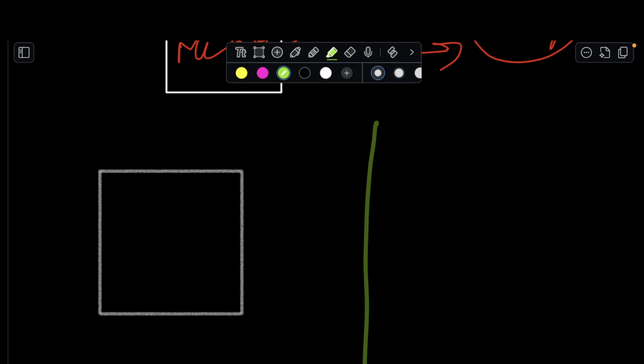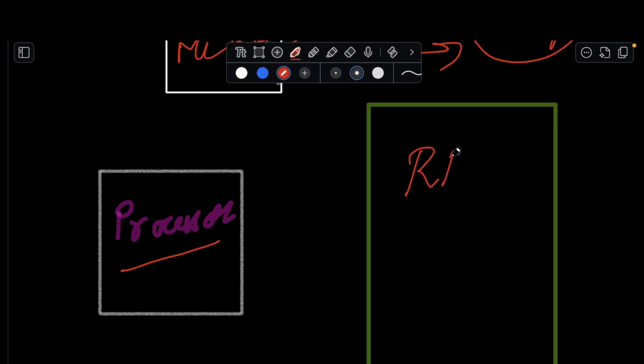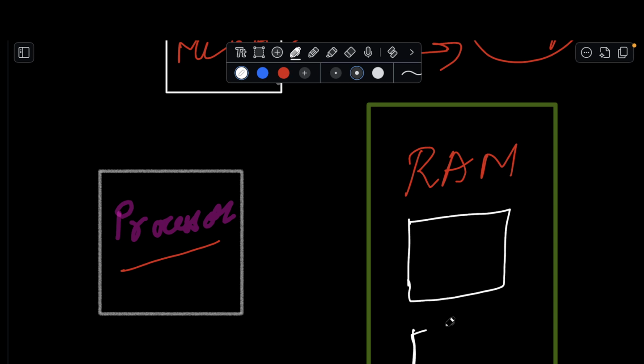So this is our processor, and this is our random access memory. Once you double click on it, that program gets a process block inside the RAM. We have multiple process blocks inside the RAM.